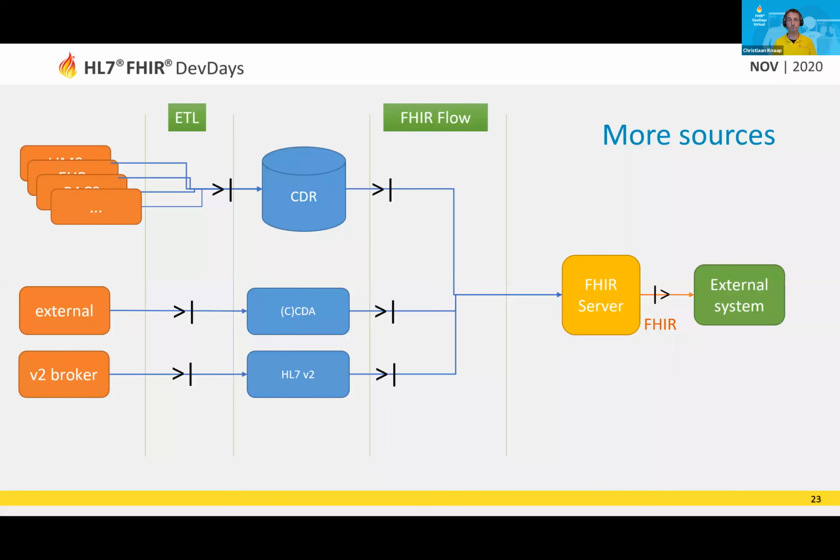And in between, what is happening there? We call that the FHIR flow. A bit like on the left, where you have ETL, probably fairly well known, extraction, transformation, and loading, well known in the business intelligence world. We need something similar here, but then for FHIR data.